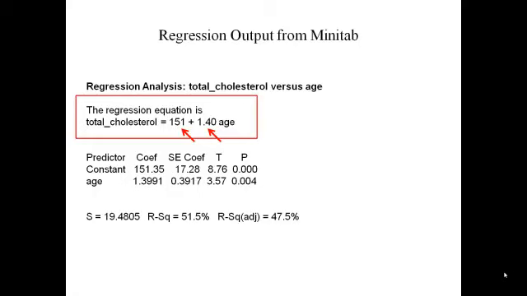So notice that this is in the general form for our regression line, y hat equals b0 plus b1x, where b0 is 151 and b1 is 1.40.